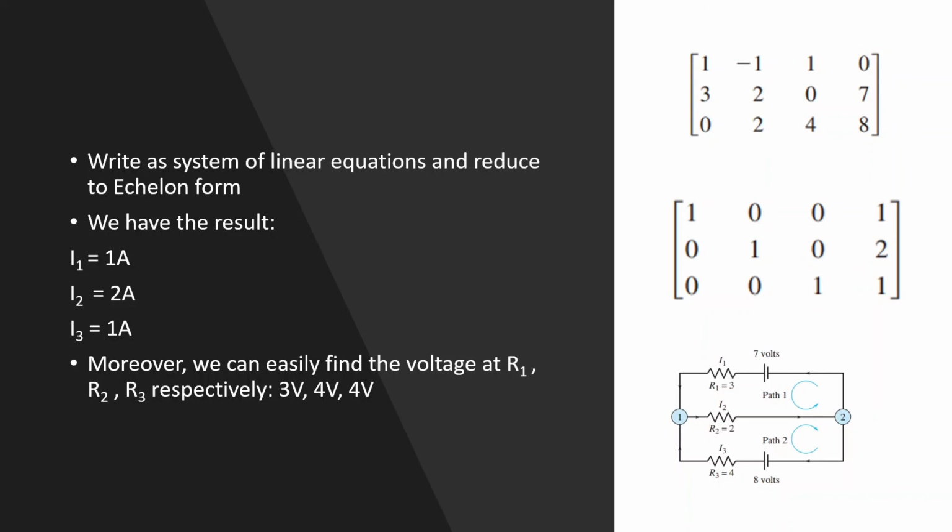V1 is equal to I1 times R1, so we have 3 volt. V2 is equal to I2 times R2, which is 4 volt. And at R3, V3 is equal to I3 times R3, which is 4 volt.